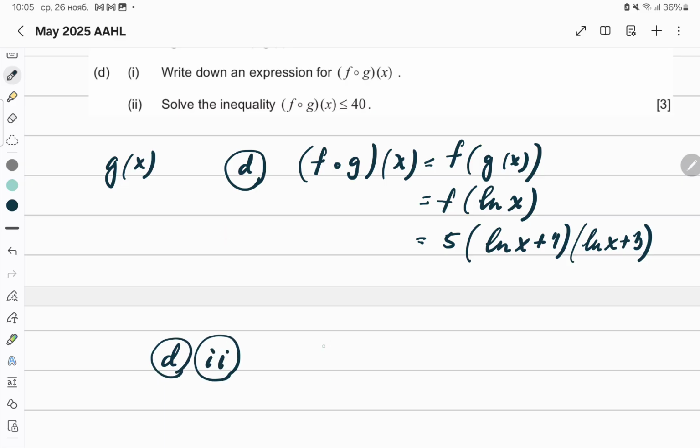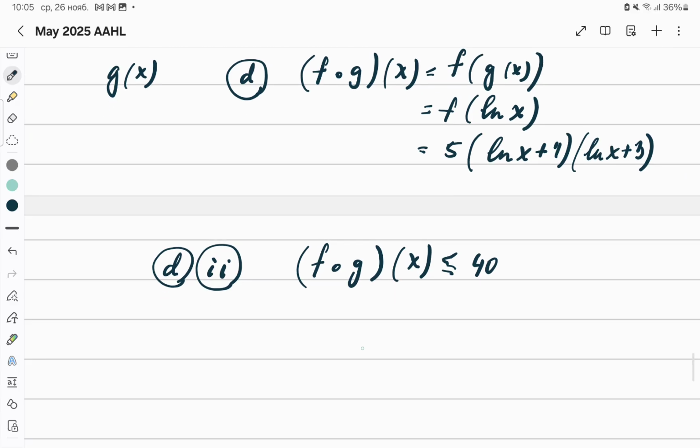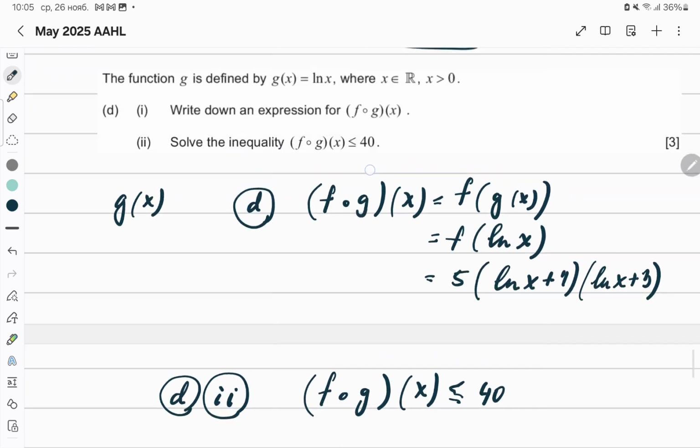Solve the inequality that f of g of x is less or equal than 40. We have previously solved this inequality for f, right? So in this case it's going to be ln x more than or equal to -5 and less than or equal to 1.